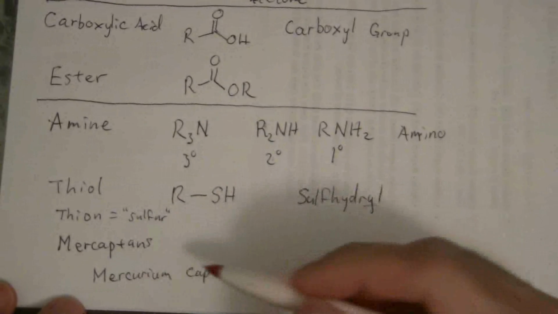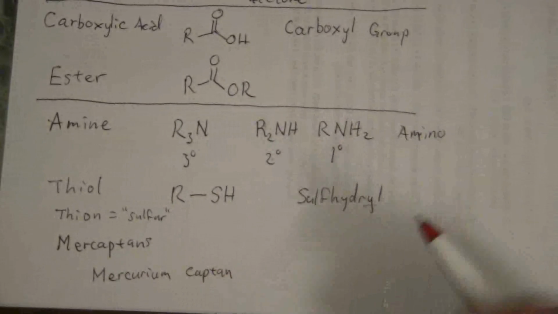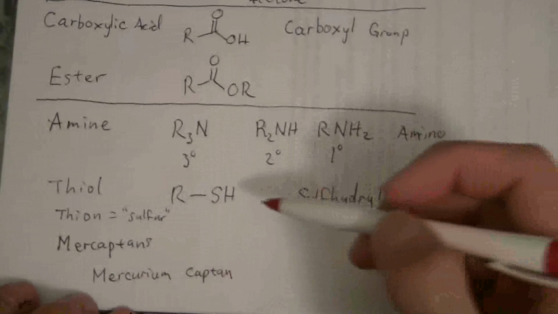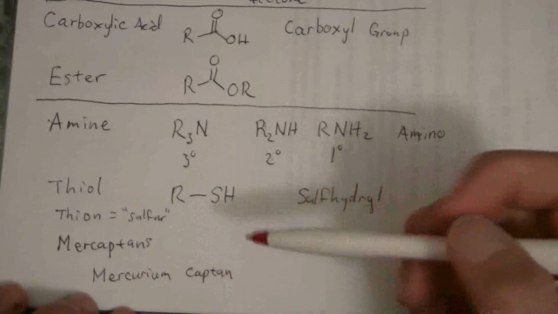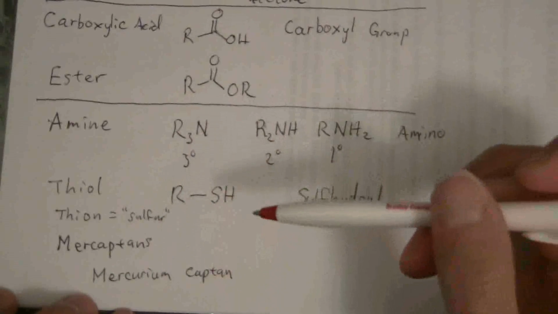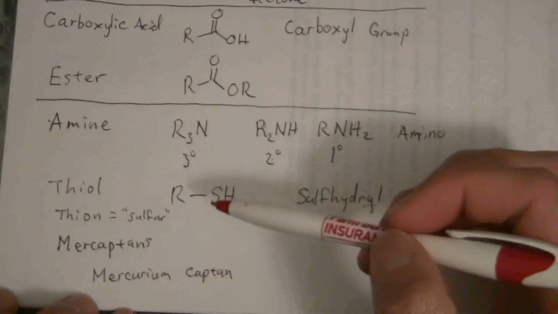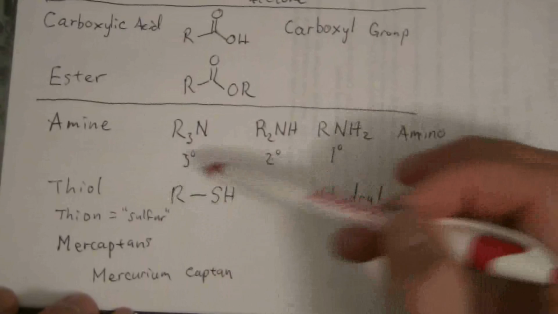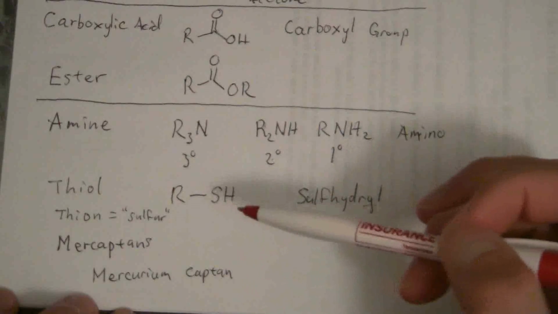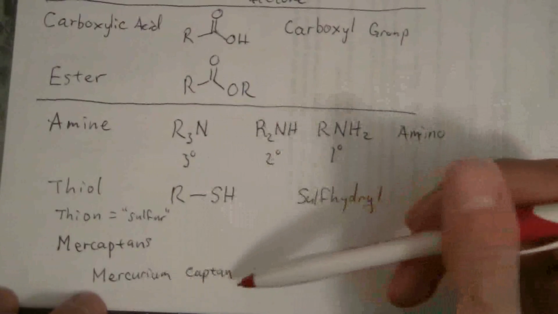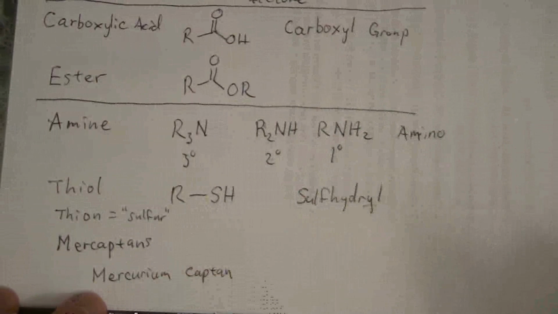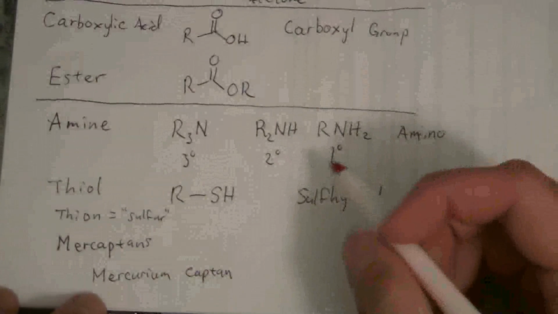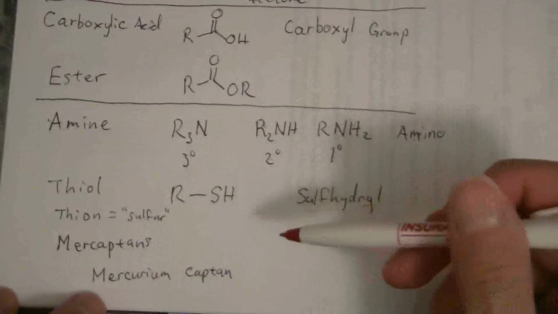So in Latin this means capturing mercury, and in fact I used to work for a company that produced a compound that had this mercaptan functional group on it, and we used it for that very purpose, to collect all the mercury out from water supplies.